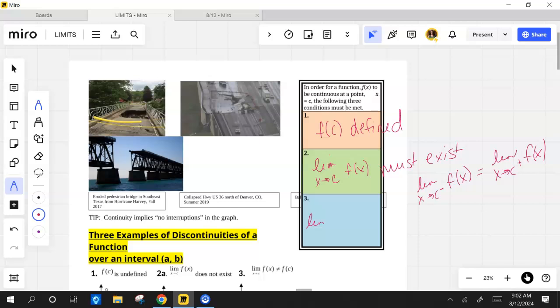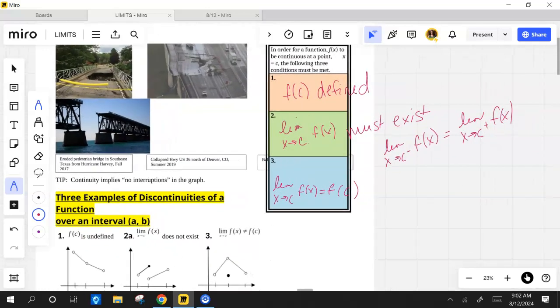And then the last thing is the limit as x approaches c altogether has to equal the function value at c. So this is a whole lot of gobbledygook that I am going to condense down to one equation for you, because this is what you'll show.